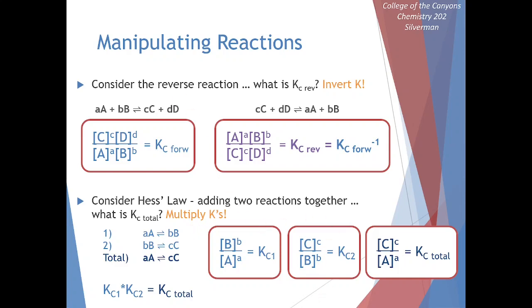A bonus thought here: what if we were doubling a reaction? Well, doubling a reaction is the same thing as adding a reaction with itself one time. If you add a reaction to itself, you'll multiply the equilibrium constant by that same equilibrium constant. If you double a reaction, then you'll have to square the equilibrium constant.